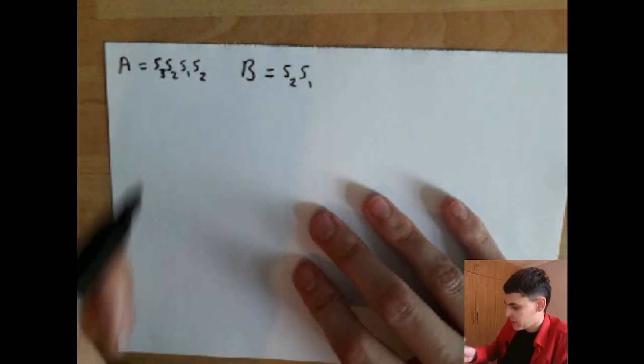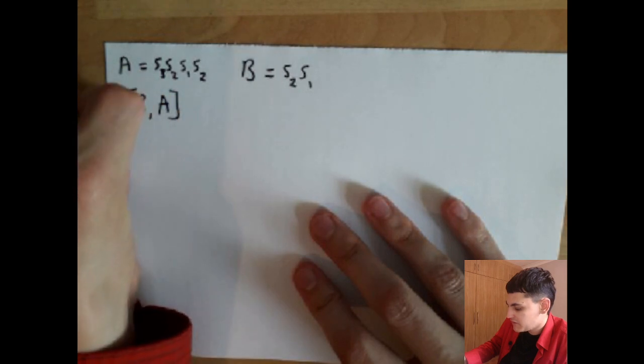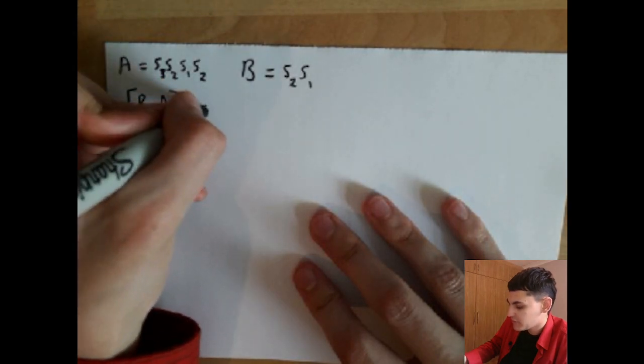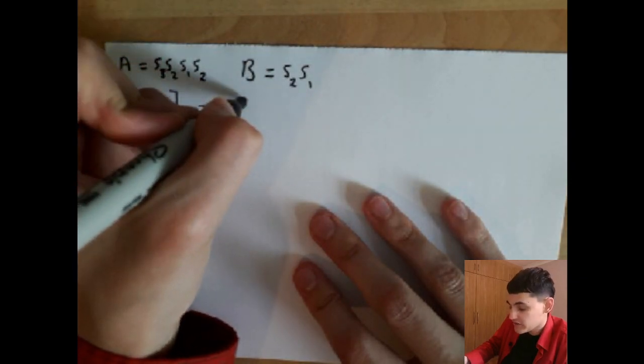Okay, so we can take the interval B to A in the right weak order, and that equals S2.